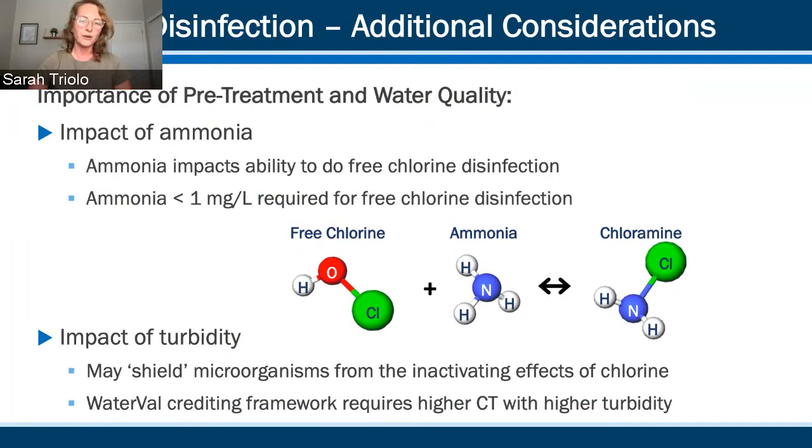So if we remember back from that CT table, if you look closely, that crediting framework requires a higher CT as your turbidity goes up. So as you're adding turbidity and having that potential shielding effect, you need to increase either your contact time or your chlorine residual to achieve that higher CT.